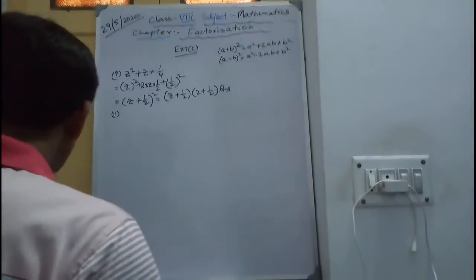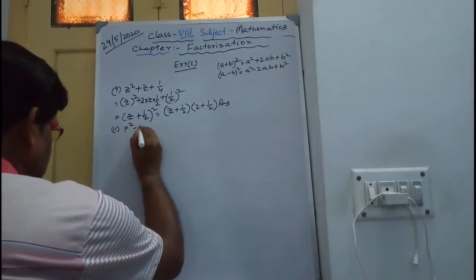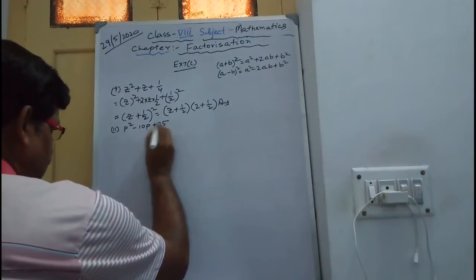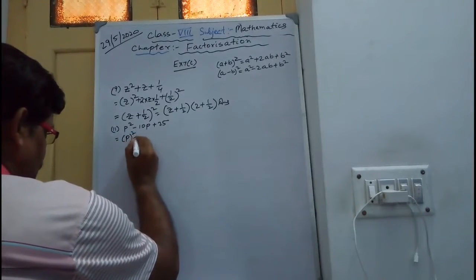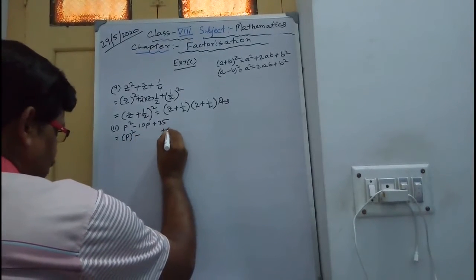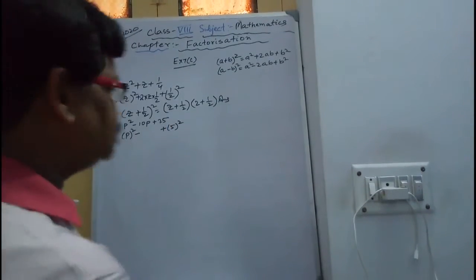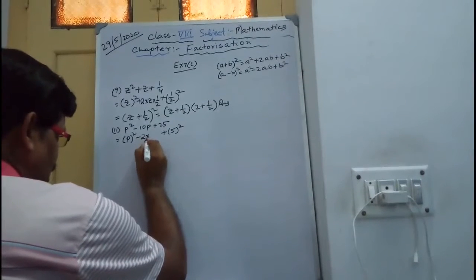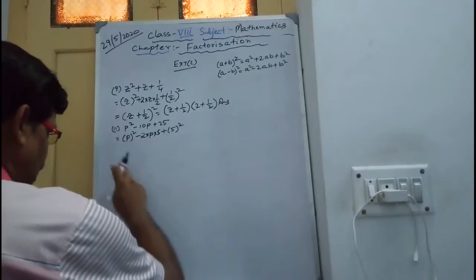Sum number 11, p square minus 10p plus 25. So p whole square, minus, plus 5 square, that is equal to 25. So the middle one is 2 into p into 5.